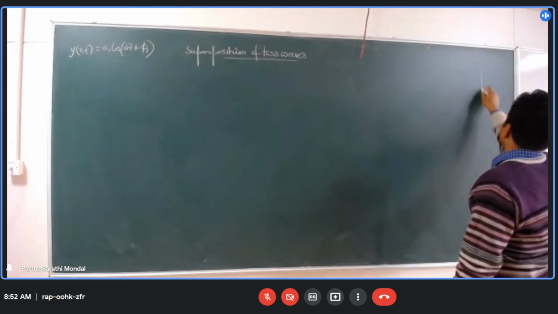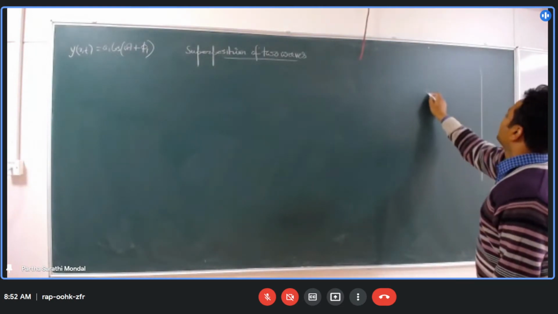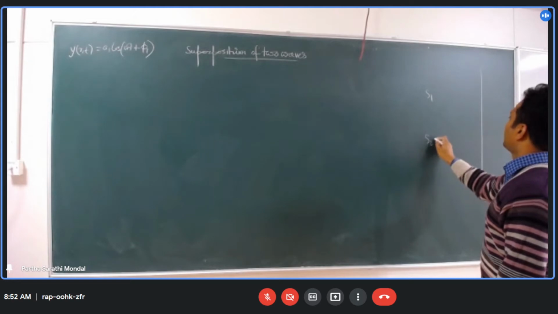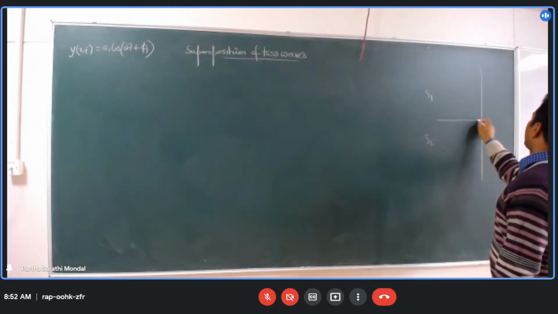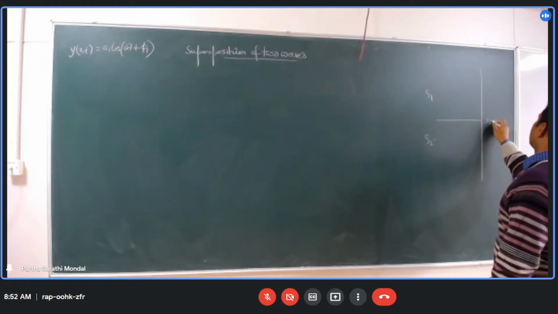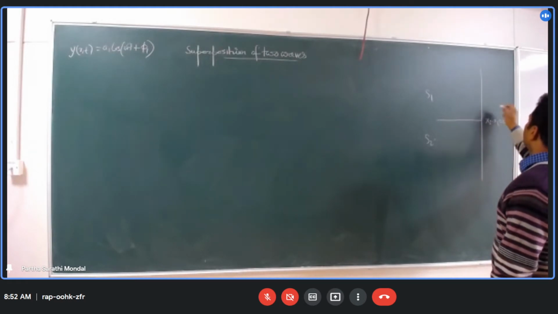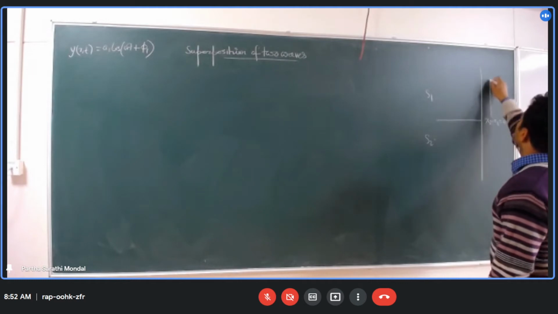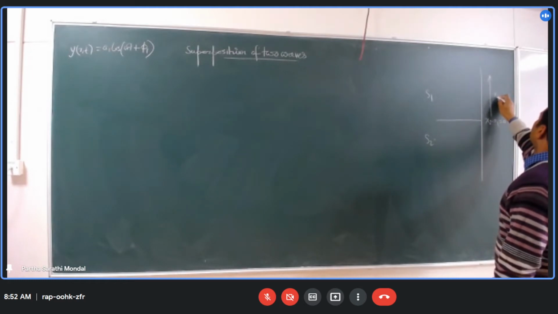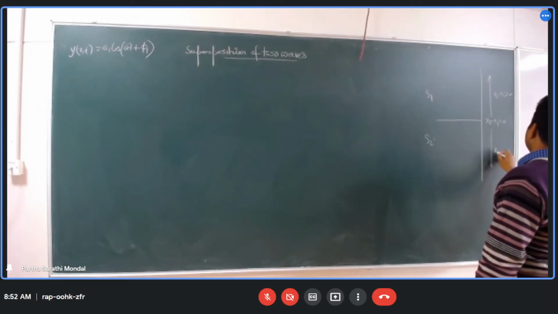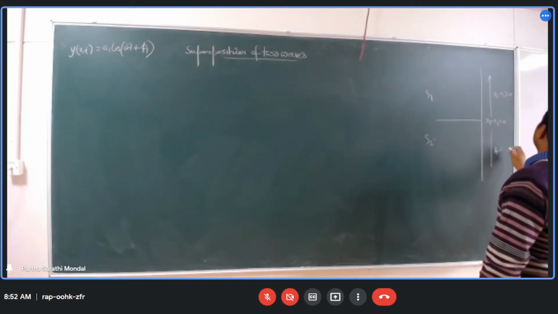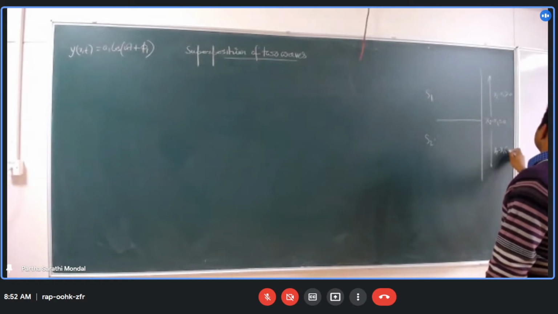So ये आपका screen है. तो S1 S2 है आपका यहाँ पे, ठीक है? So now this is the point where x2 minus x1 equal to 0. Okay, so now in this point x2 minus x1 is greater than 0. So if I go down, x2 minus x1 is less than 0.